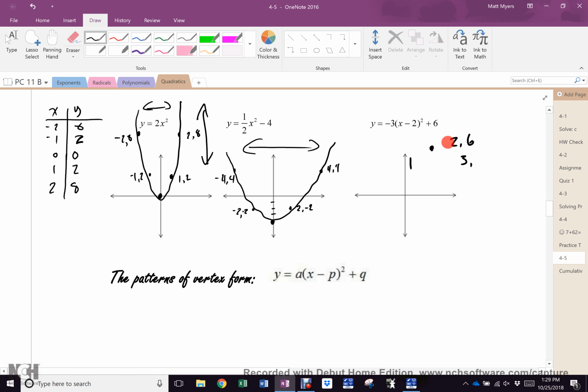But I am not going up because there's a negative sign. So where am I going? Down. And I am not going up 1. What am I going? 3. So I'm going to move over here to 3, and I'm going to go down 3. So what will my y value be? 3, 3. And automatically, what will be my reflected y value? 1, 3.